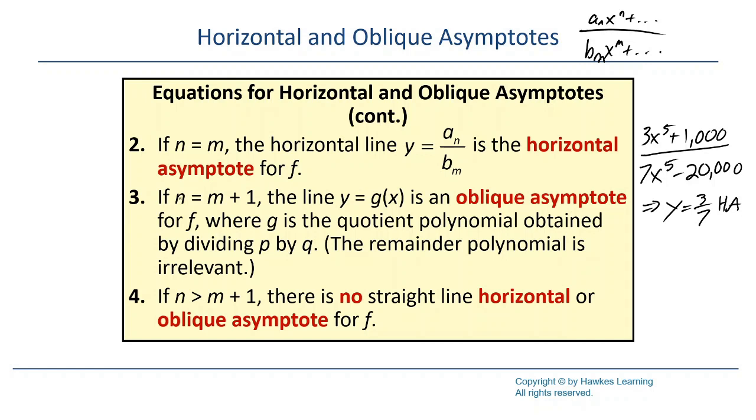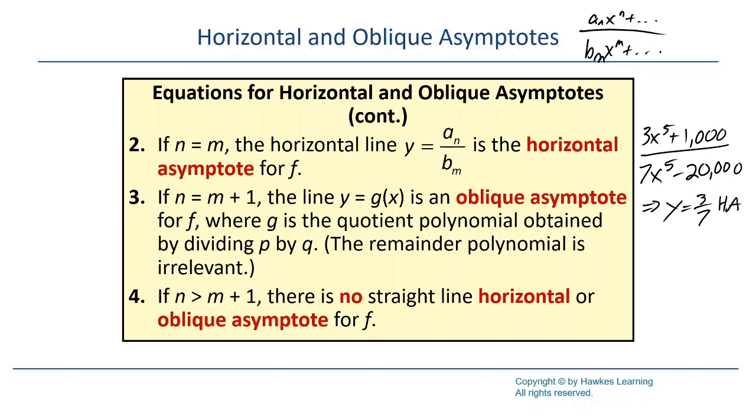If the degree of the numerator is equal to the degree of the denominator plus 1, which is another way of saying the degree of the numerator is 1 more than the degree of the denominator, then you'll have a slant asymptote. I should not say asymptotes.